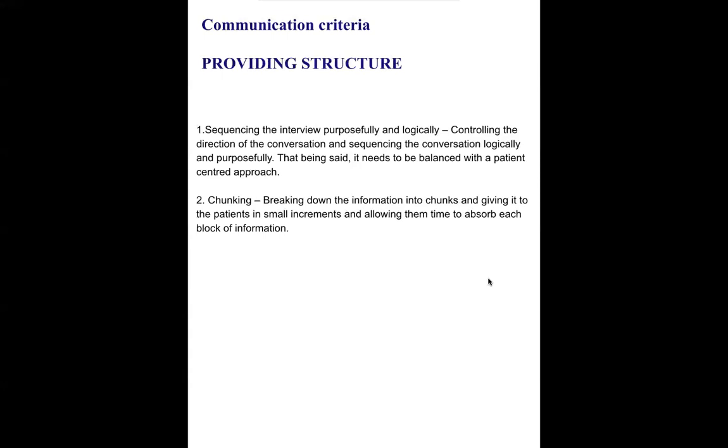Providing structure is also very important. Sequence the interview purposefully and logically, and control the direction of the conversation. You have to tell the patient what is going on in your conversation, and you can't be talking about the same thing again and again. Tell the patient, okay, now we finished this; can I move on to the treatment or management plan? Is it okay?